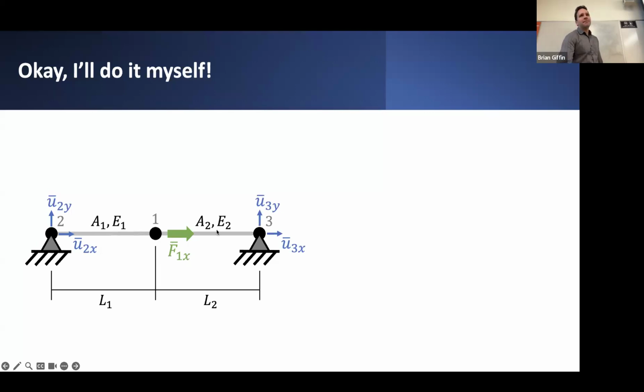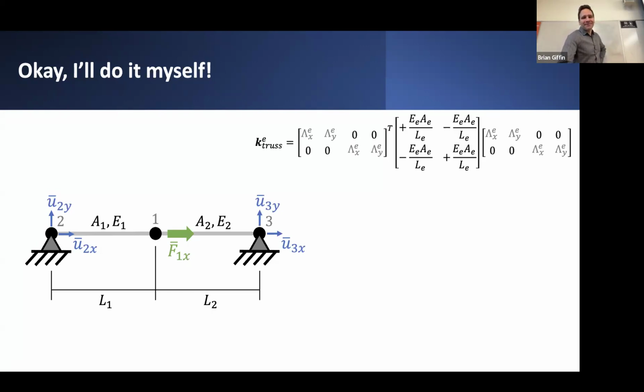Maybe we have different material and cross-section properties assigned to each of these elements. Let's for the time being assume that all these things are the same. So A1 equals A2, E1 equals E2, L1 equals L2. You could assign different values, but in the end, it doesn't really matter for the sake of this analysis. Okay, so if we wanted to, we could go about assembling the stiffness matrix for this structure, noting that for a truss element, in general, we should have a stiffness matrix that looks like this.